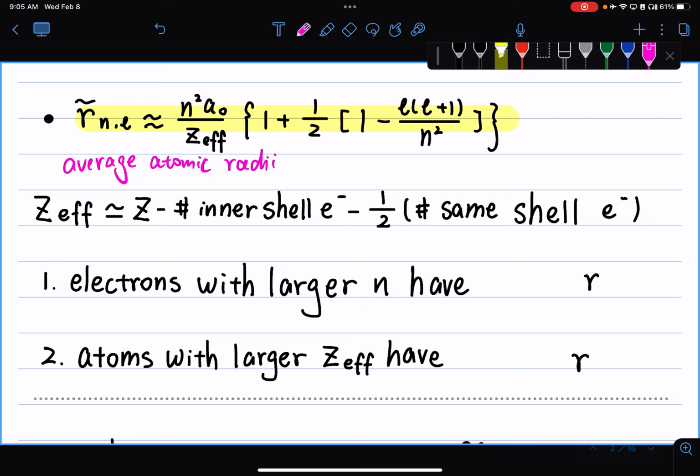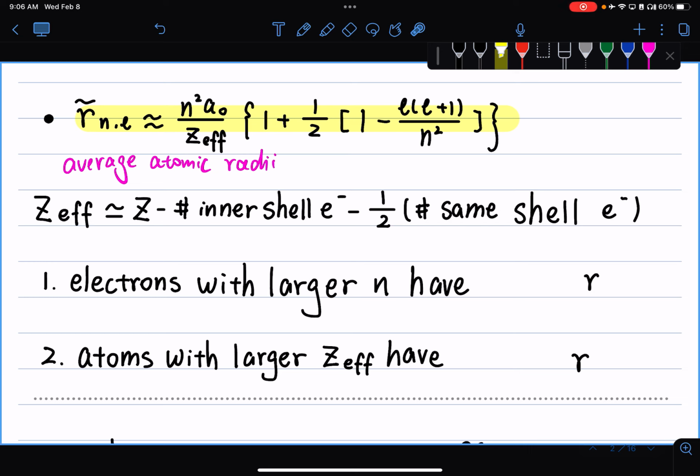In this case, instead of just using the atomic number Z, we take into consideration the multi-electron effect, or the shielding effect, by using the effective core potential. Just a reminder, you can calculate the effective core potential using that equation: basically, the atomic number, the number of protons in the nucleus, minus the number of inner shell electrons, minus 1/2 times the same shell electrons.